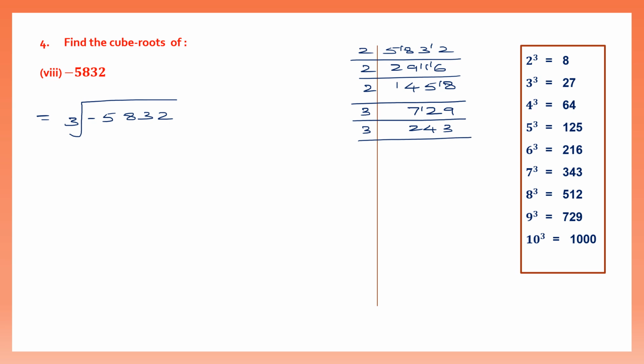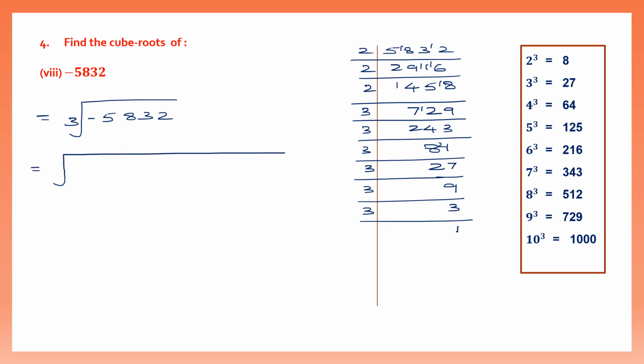Again divide by 3, you have 24. 3 eights are 24 and 1. Again by 3. 3 twos are 6, 21. 3 sevens are 21. Again we continue by 3. 3 nines are 27. Continue. 3 threes are 9, 3 ones are 3. So now we're going to write all the prime factors of this number.